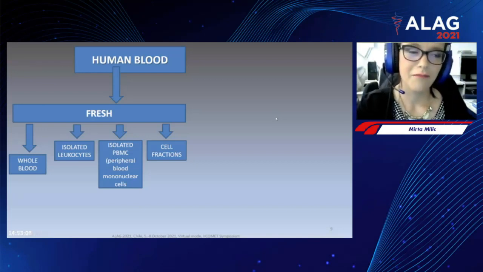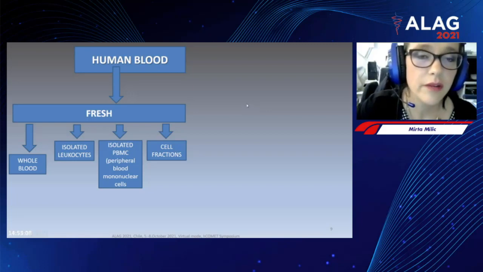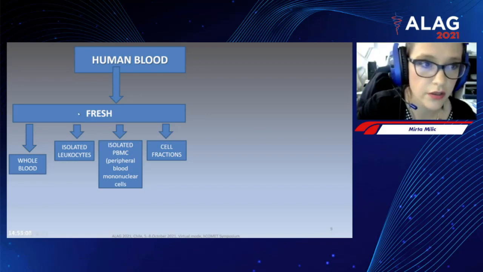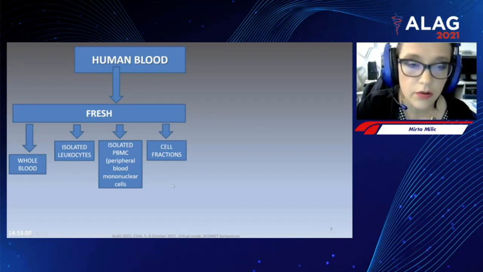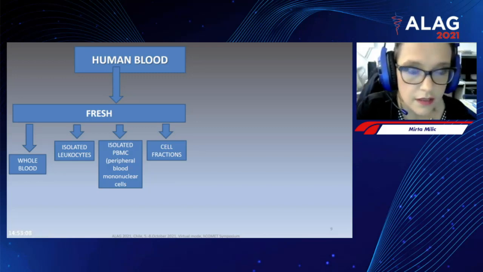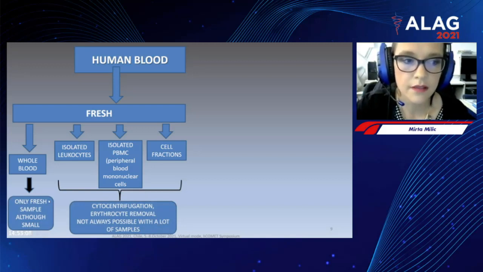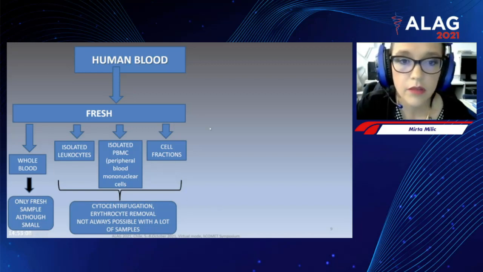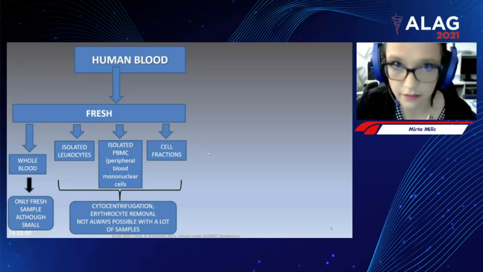So let's talk again about the topic of my talk. In human biomonitoring, you are usually using human blood, and it is usually freshly used. It can be used as whole blood, isolated leukocytes, peripheral blood mononuclear cells, or cell fractions. Sometimes you need only small samples, or you can use it fresh. But if you have a lot of samples, the preparation of isolated leukocytes and PBMC fractions is time consuming.